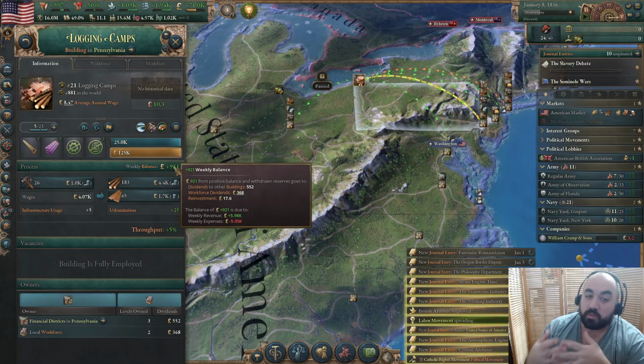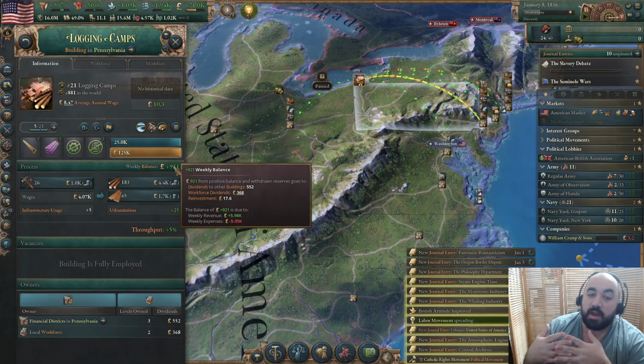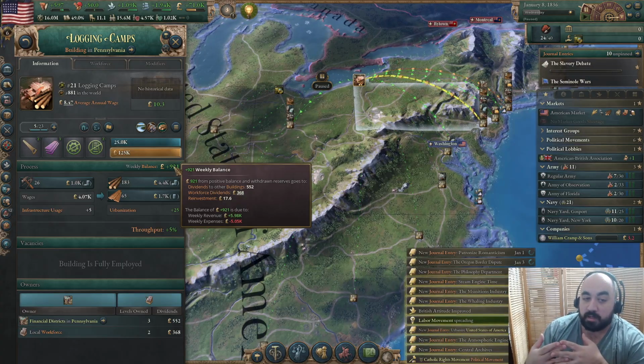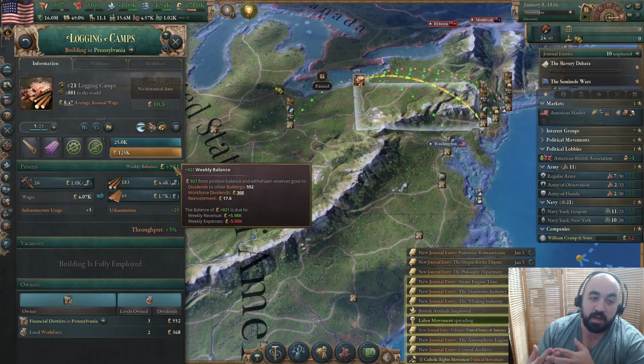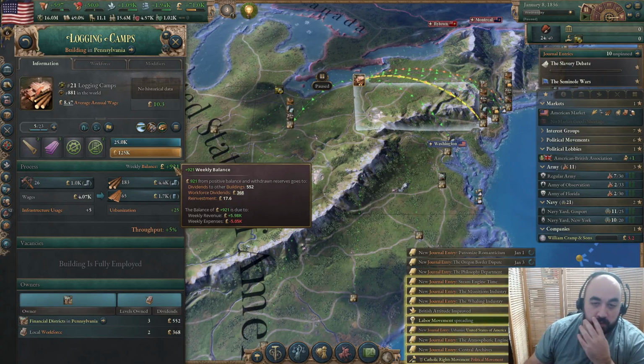And as a result of this, even if we have a 5% penalty to throughput, because we have an average of level 10 buildings, more than that 5% will get applied.